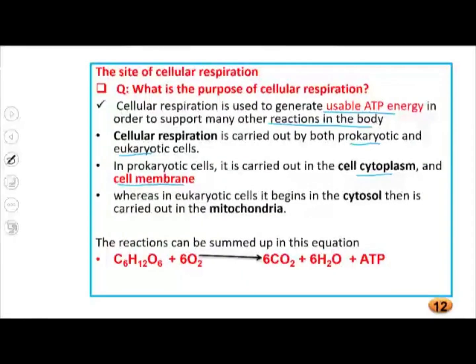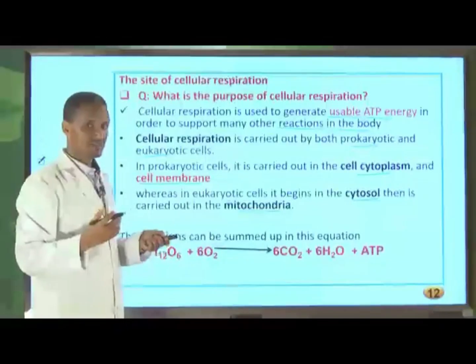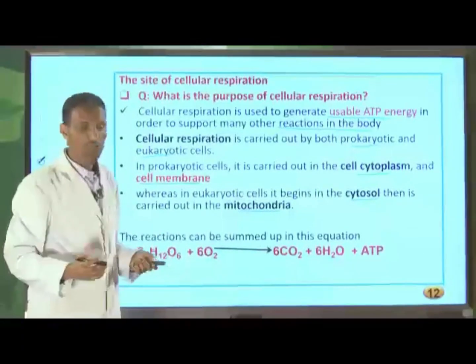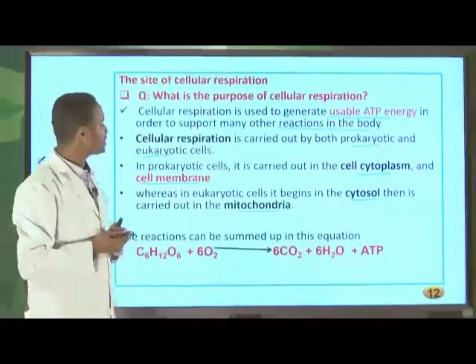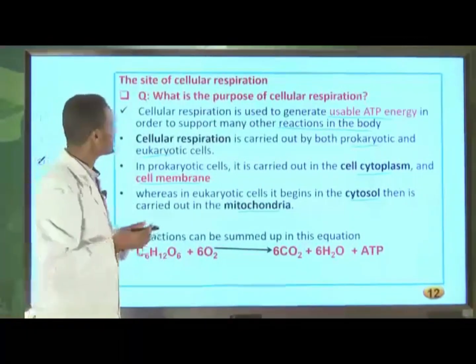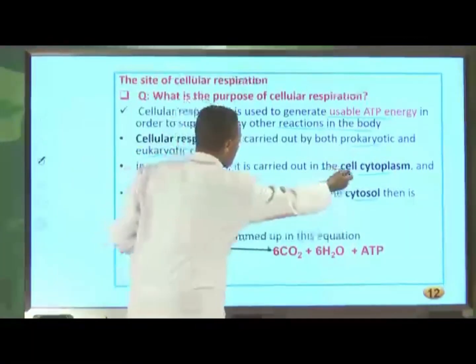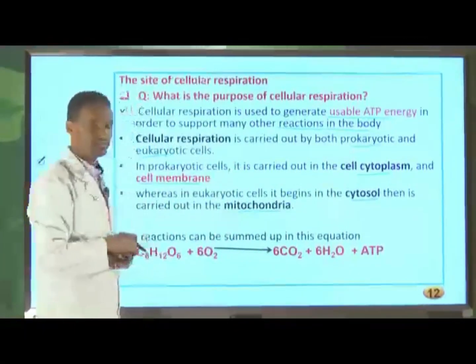Whereas in eukaryotic cells, it begins in the cytosol, that means the fluid inside the cytoplasm, and is carried out in mitochondria. You know that prokaryotic cells have no mitochondria. Therefore, cellular respiration in prokaryotes takes place in the cytoplasm as well as in the cell membrane.